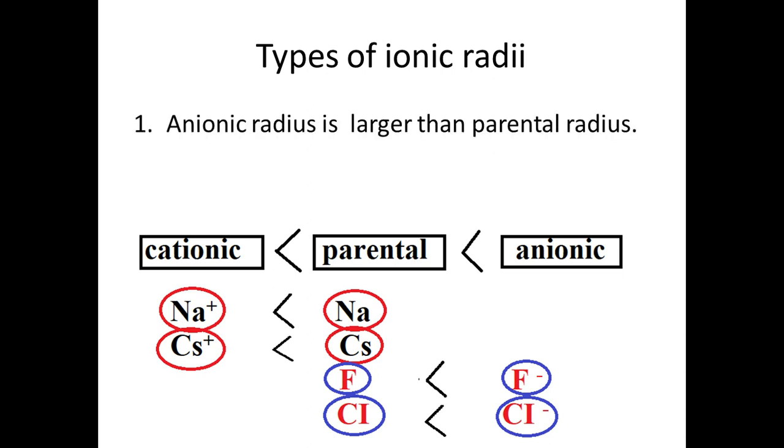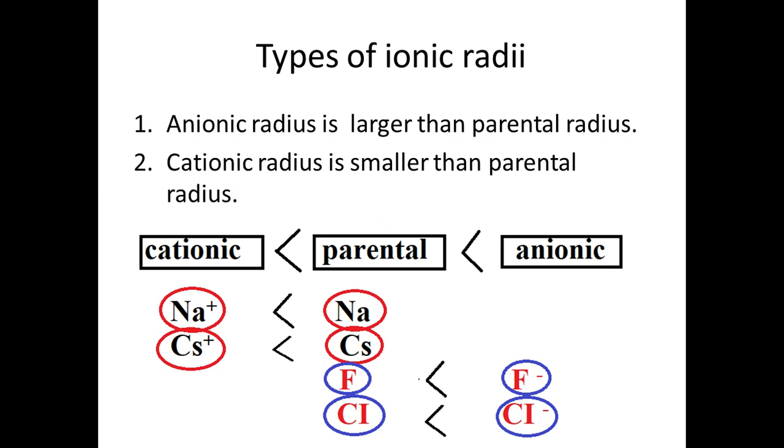Come to the next. We will also provide the reasons for that kind of trend. But first, anionic radius is larger than parental radius. These are the conclusions which we made from these facts. Second, cationic radius is smaller than parental radius. Parental atom means the origin of the cation or anion, the atom from which it is formed.